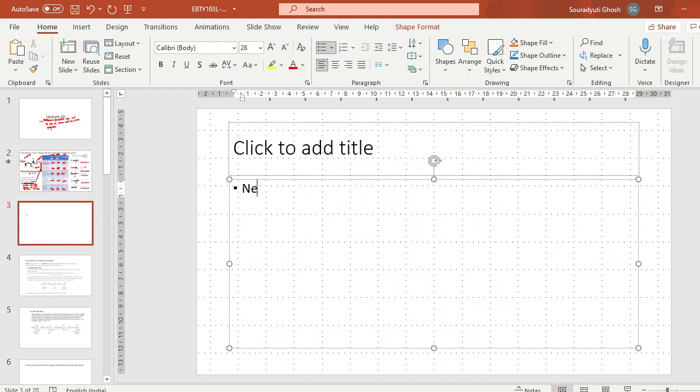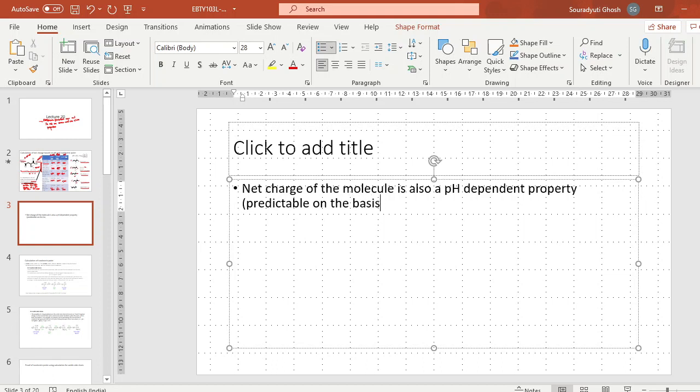That is a statement: the net charge of the molecule is also a pH dependent property, which is predictable on the basis of the pKa of the acid groups in the molecule.